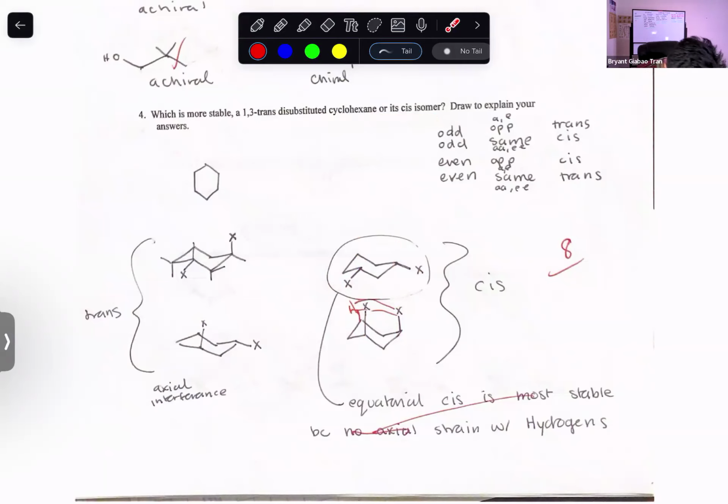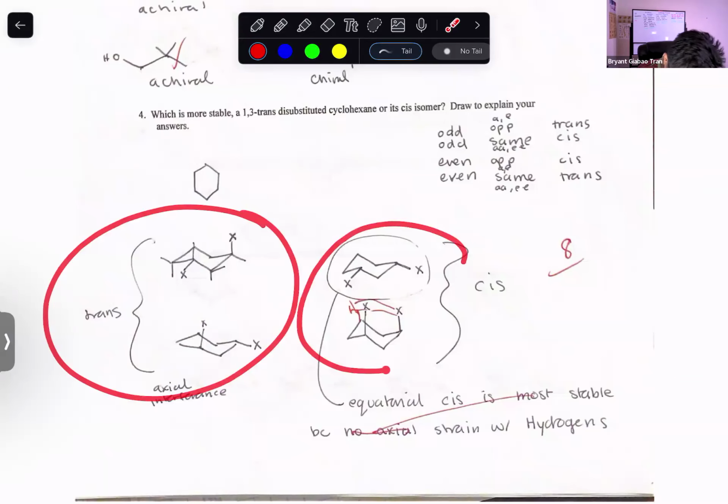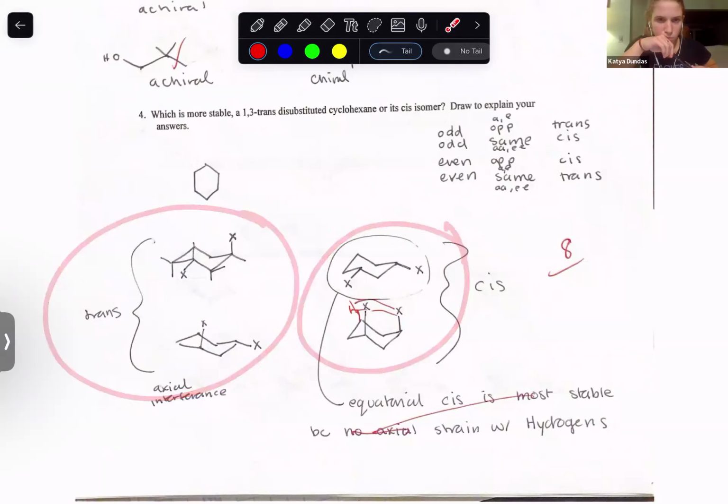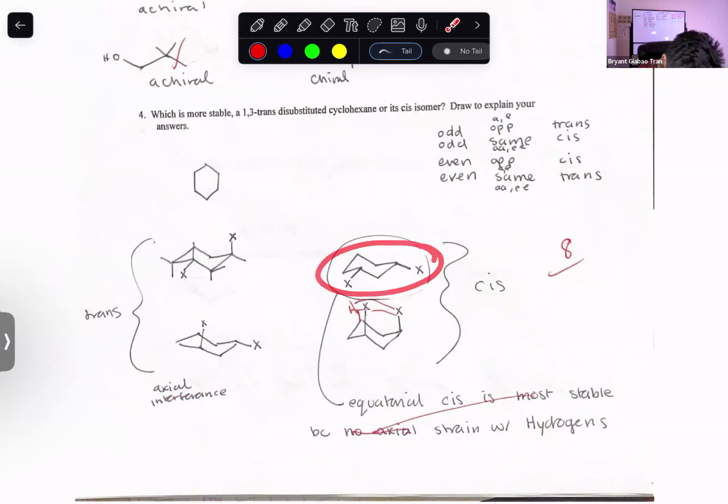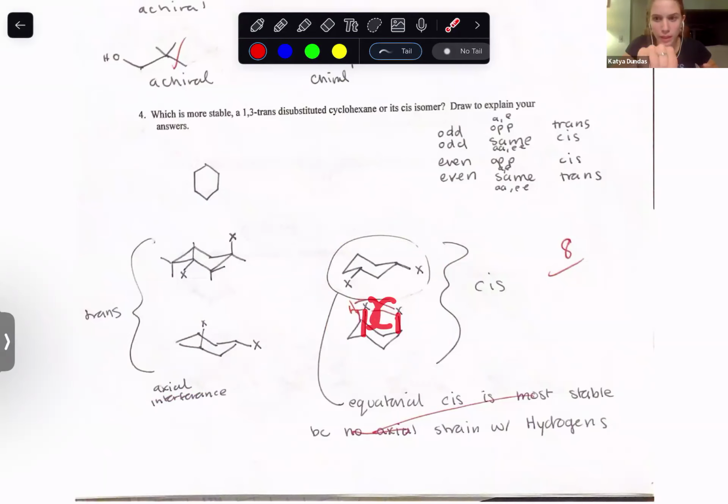A 1,3 trans isomer, that's okay. Both of these are trans, both of these are cis. They could exist either in this form or in this form right here, where both are cis, going axial to each other. So that'd be the most strained. And the other cis would be the least strained.